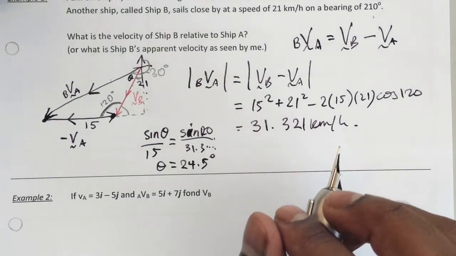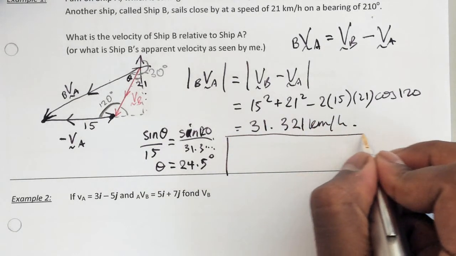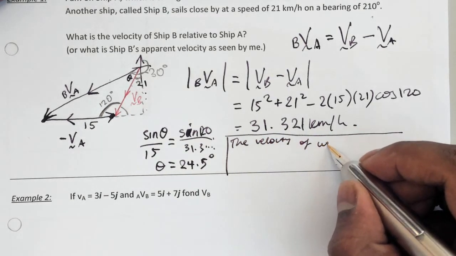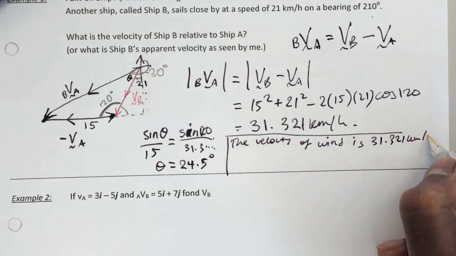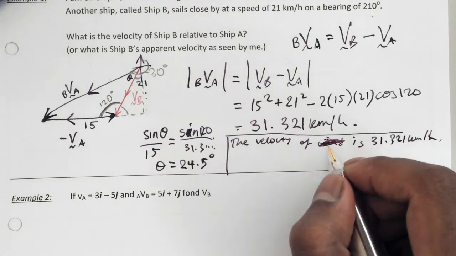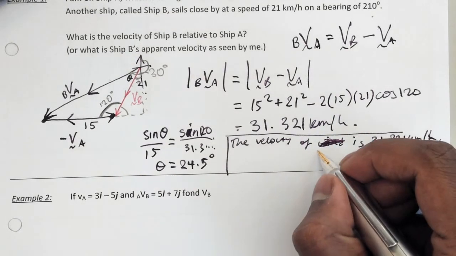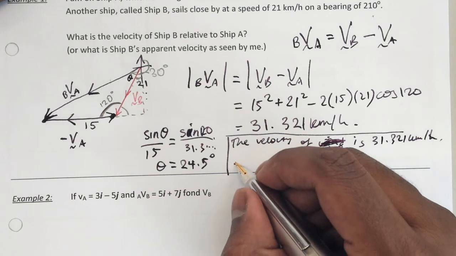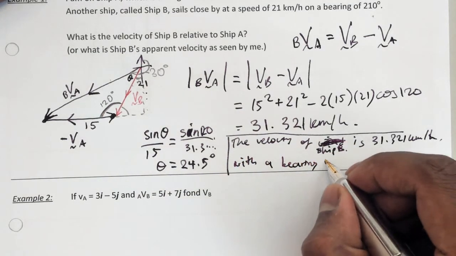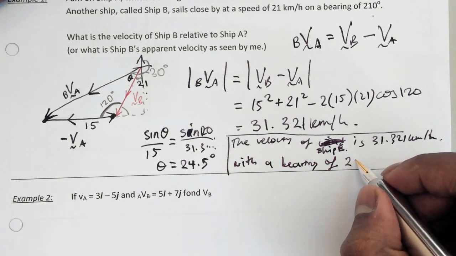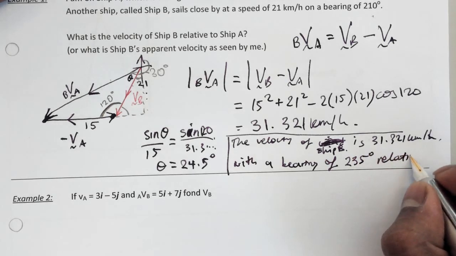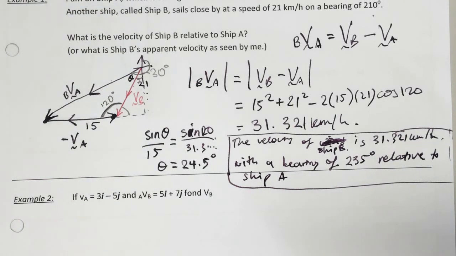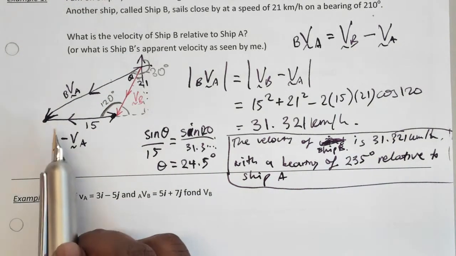Does it have decimals? No, it does not. So my answer should be: the velocity of ship B is 31.321 kilometers per hour with a bearing of 235 degrees relative to ship A. So Max, I see why you said that one, because that's where A is, right?